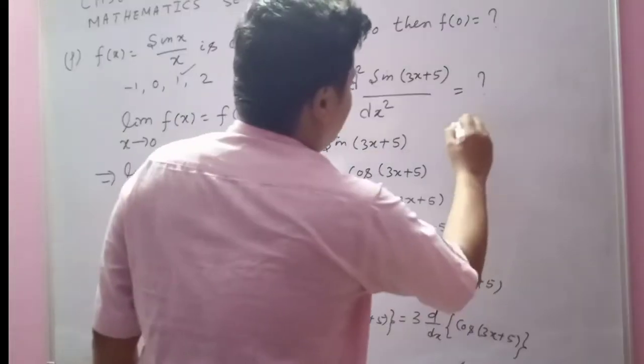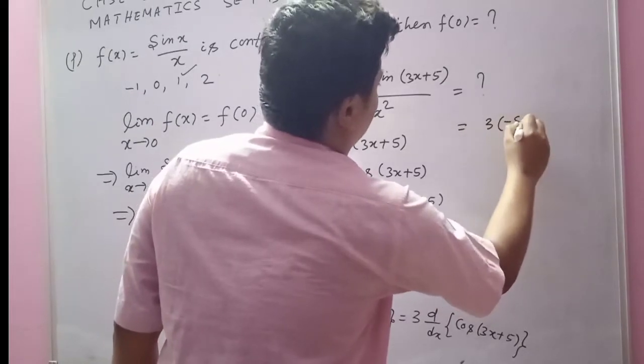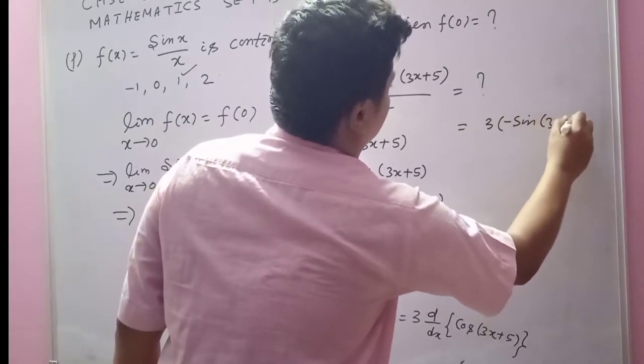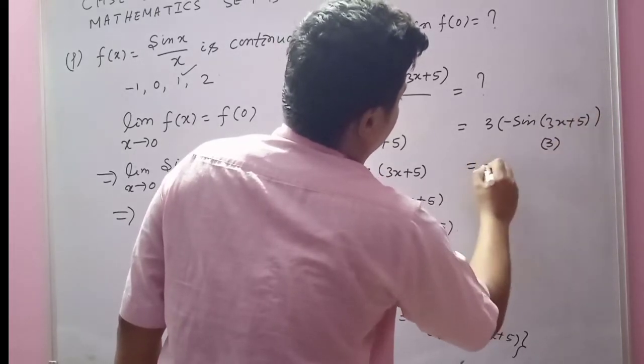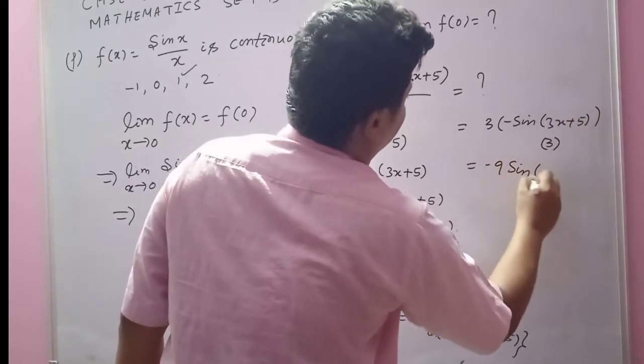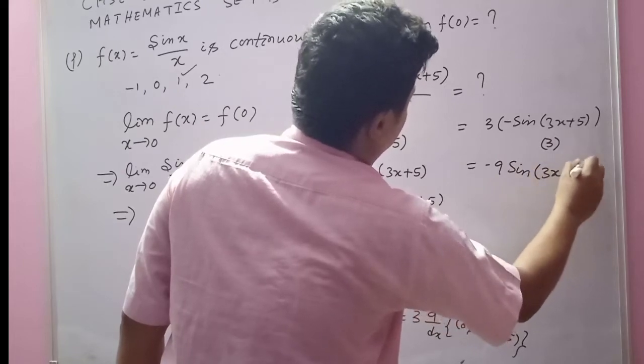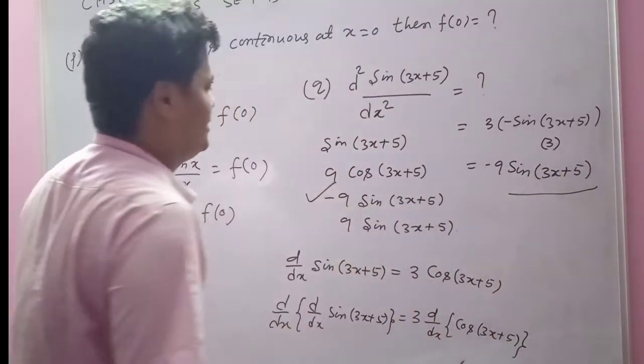Derivative of cos theta is minus sin theta, so minus sin 3x plus 5. Derivative of 3x plus 5 is 3. So you get minus 9 sin 3x plus 5. So the answer is this.